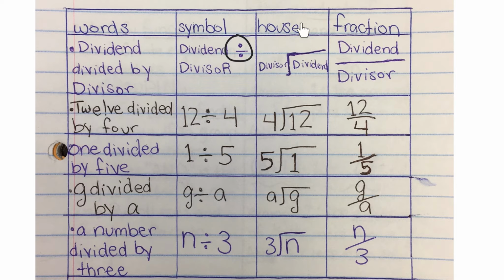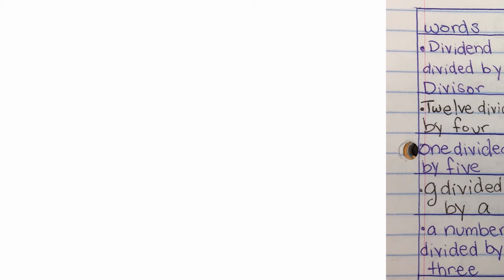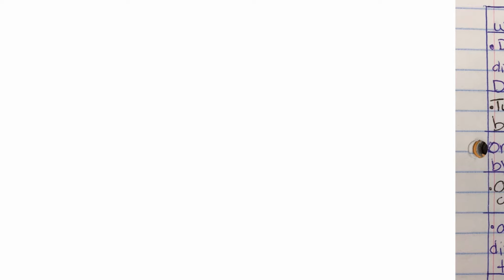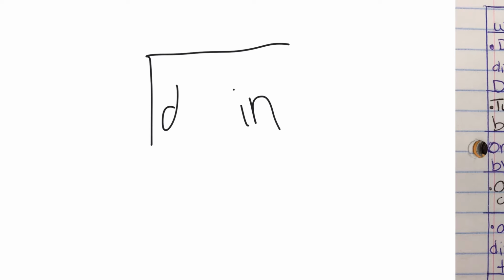When we are putting it in a house, the dividend goes inside the house, and the divisor is outside the house. And if you want to remember that, this is what I told you guys in class if you forgot. If we've got the house, the dividend is inside the house.